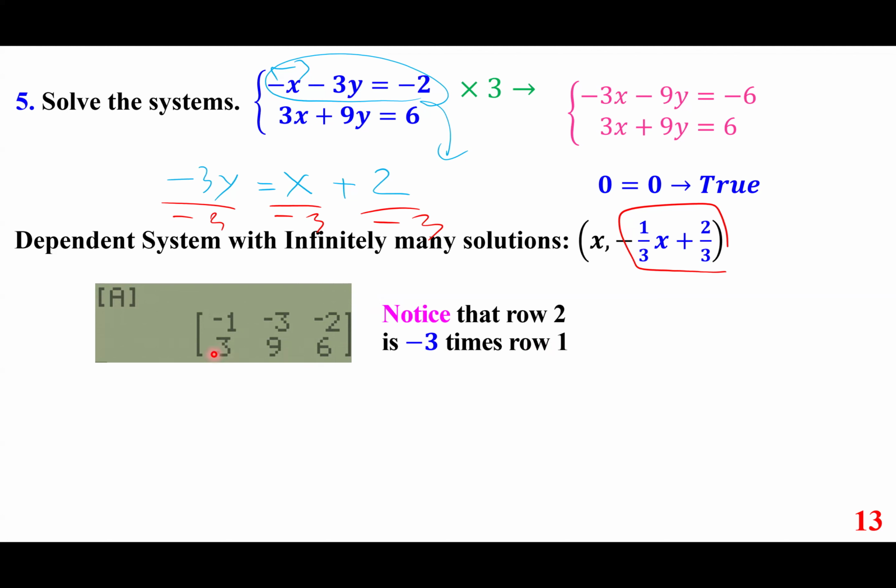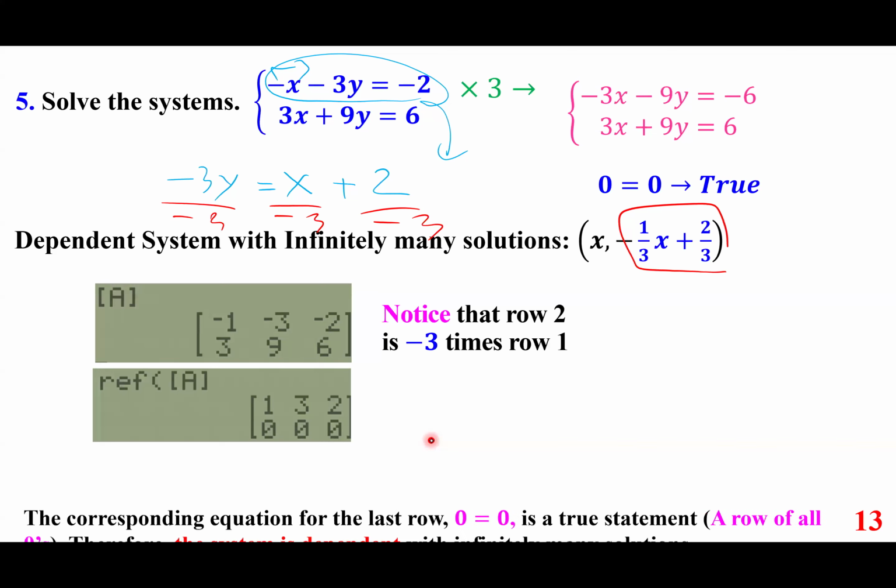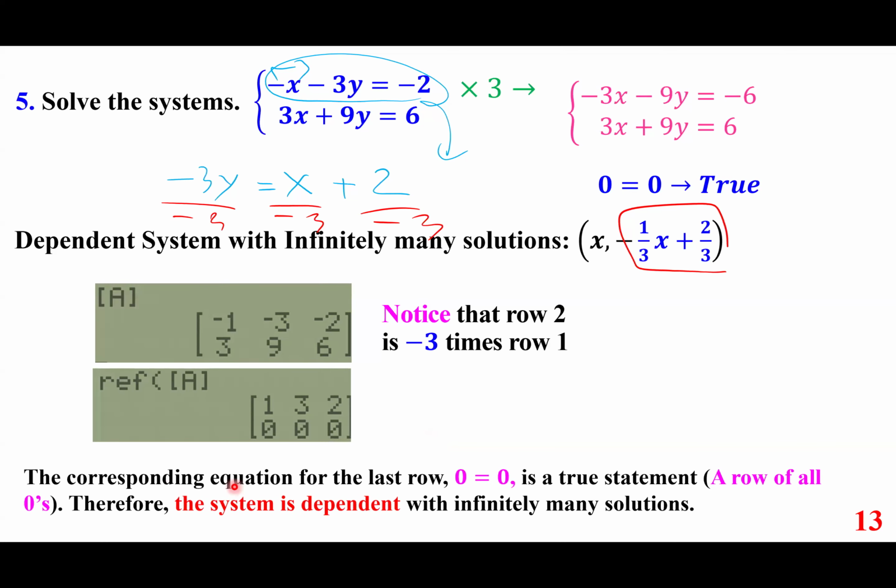If you do REF, all of them are zeros. The corresponding equation for the last row, 0 equals 0, is a true statement, a row of all zeros. Therefore, the system is dependent with infinitely many solutions. So how do you know you have a dependent system with infinitely many solutions? If you get a row of all zeros.